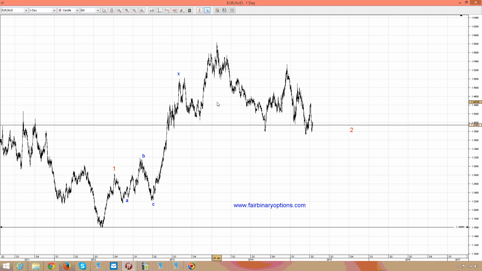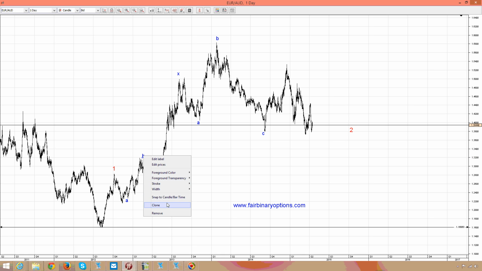That is nothing but a contracting triangle, and like any contracting triangle, it goes with this being wave A, this being the B wave, this being the C wave here, definitely having the D wave around here, around these levels in here.